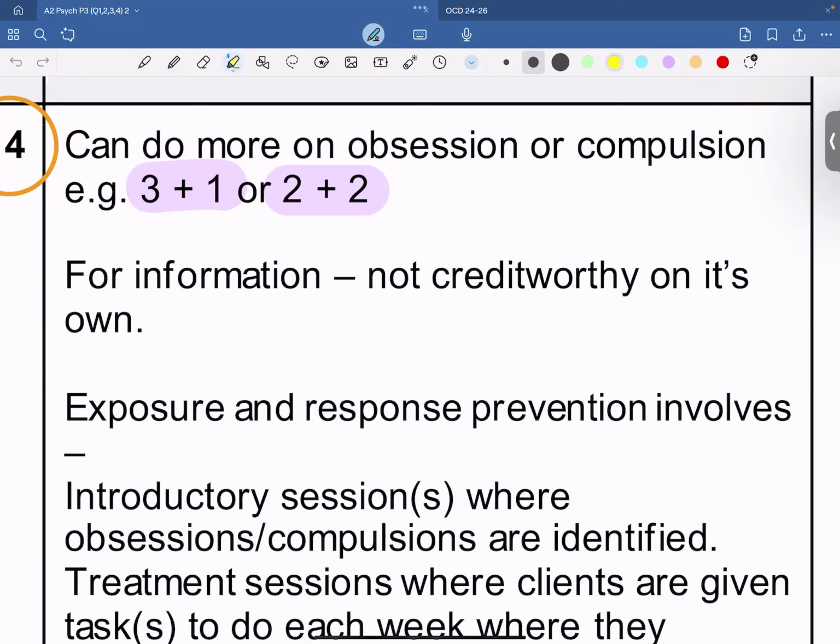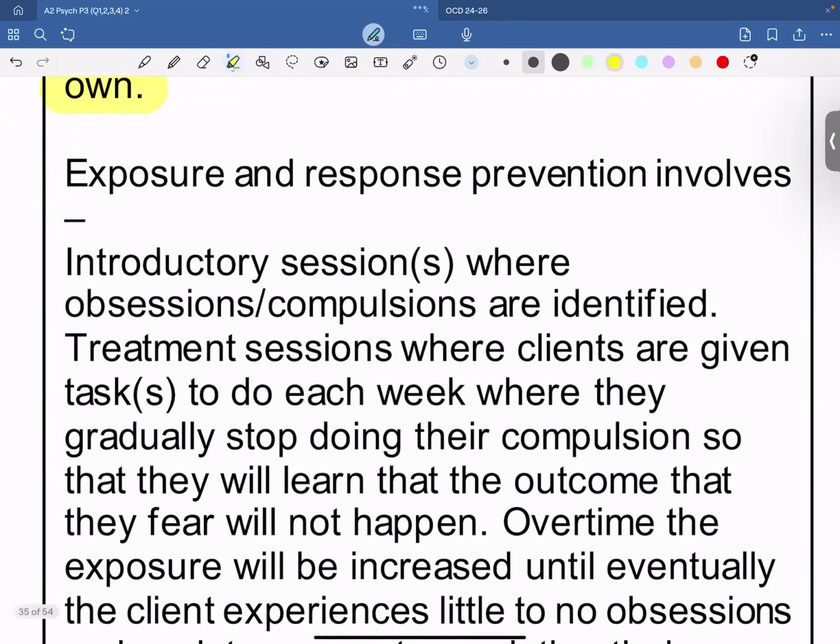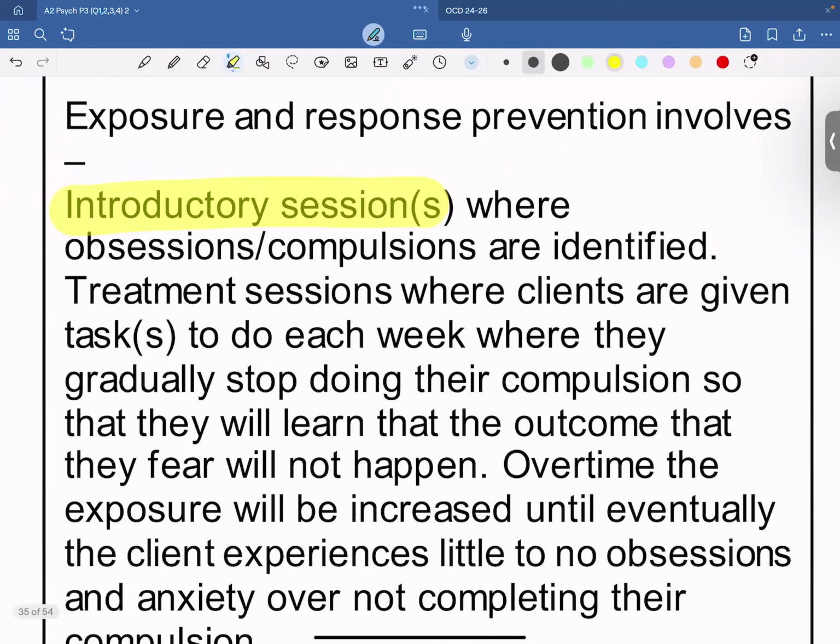Now, just providing information would not be worthy of any credit. Exposure and response prevention involves, number one, introductory sessions where the obsessions are identified. So introductory sessions are required.